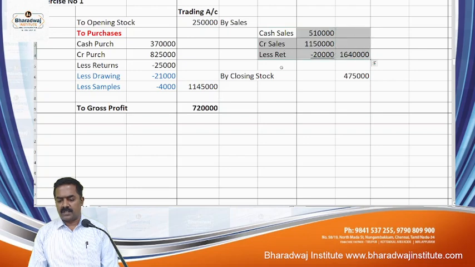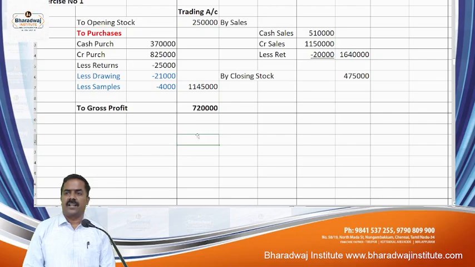Cash sales, credit sales minus returns, closing stock is given, tally, then gross profit. There is no wages and direct expenses given to us.